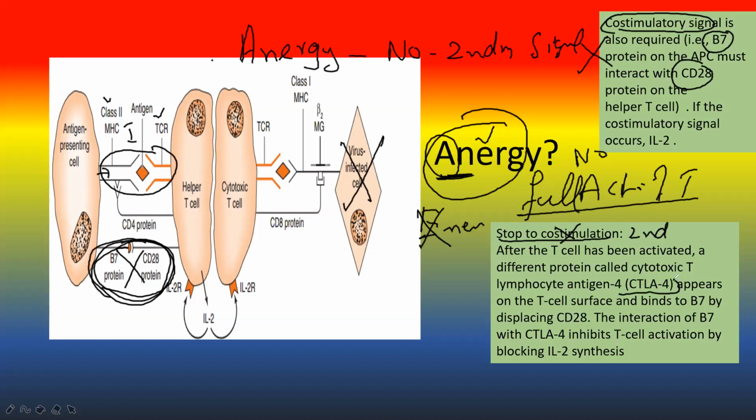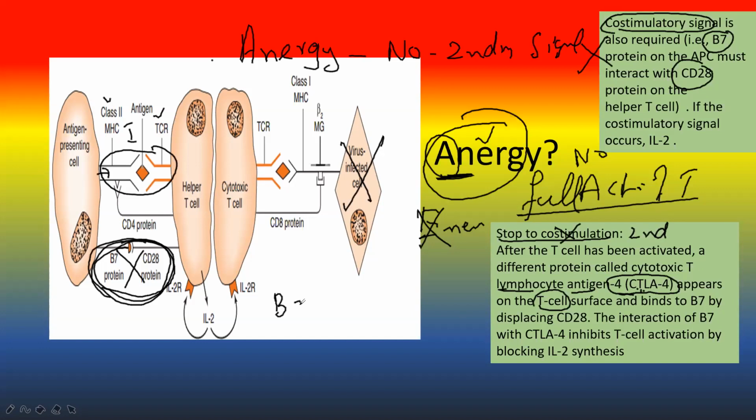We have this protein, keep in mind: CTLA4, cytotoxic T lymphocyte antigen 4. This antigen is present on the T cell.